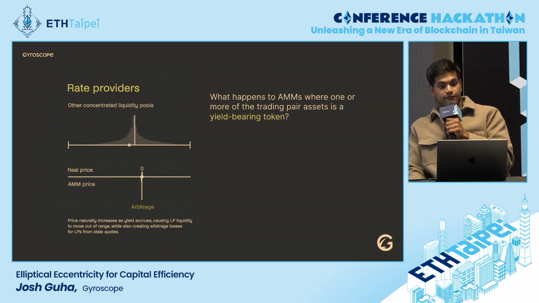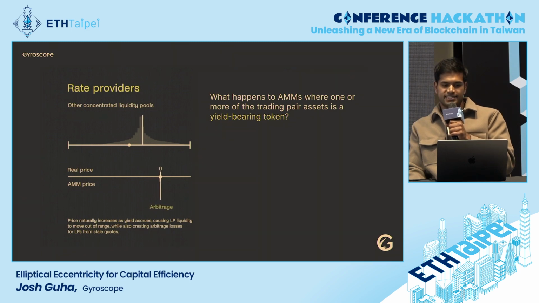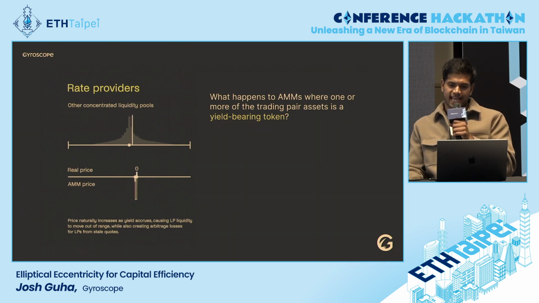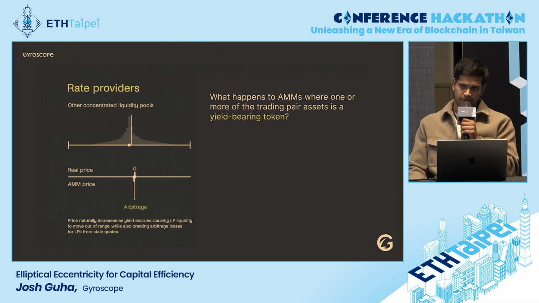So another huge benefit of ECLPs is our use of rate providers. So what happens to an AMM when one or more of the trading assets are yield-bearing tokens? So for example, between Lido's wrapped staked ETH and wrapped ETH. Wrapped staked ETH is designed to keep your balance fixed while your balance of the underlying staked ETH increases over time.